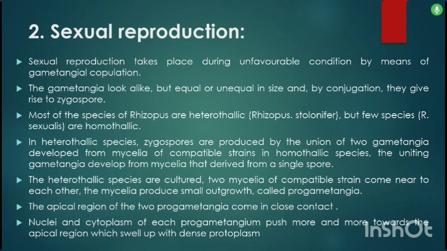Next, the sexual reproduction of Rhizopus takes place by gametangial copulation. The gametangia of two opposite strains, in case of heterothallic species. Some species of Rhizopus are homothallic, but other species are generally heterothallic. Rhizopus stolonifer specifically is heterothallic, and sexual reproduction in heterothallic species occurs when hyphae from two different strains fuse with each other.